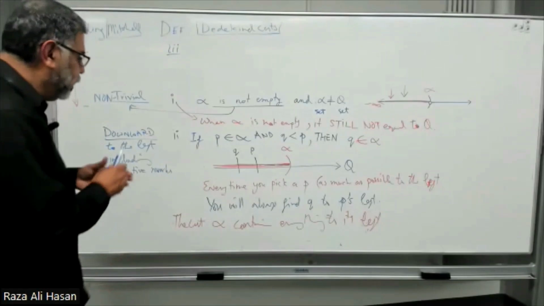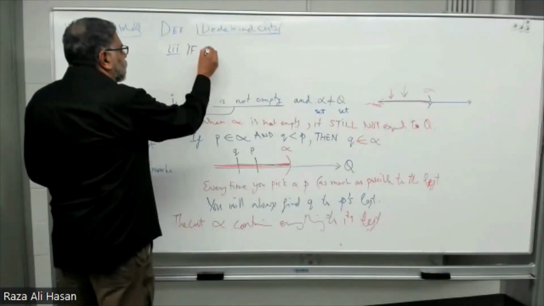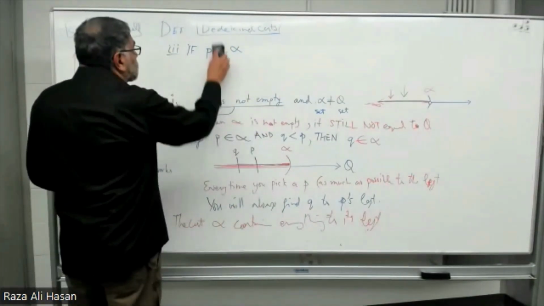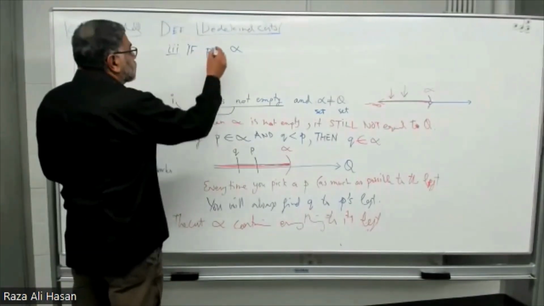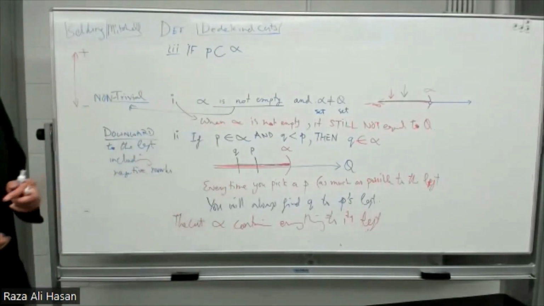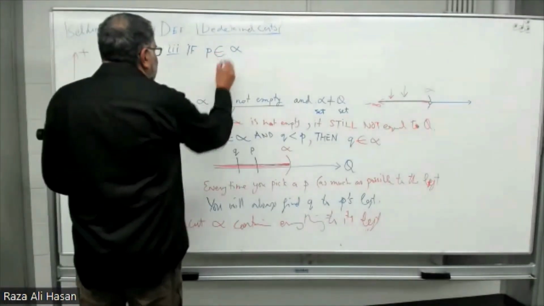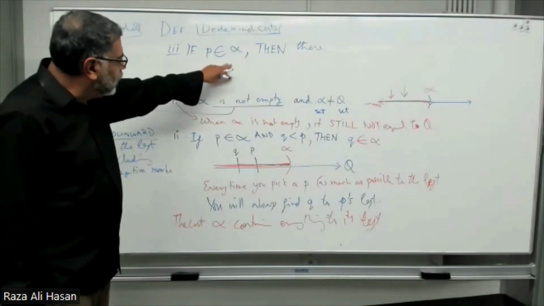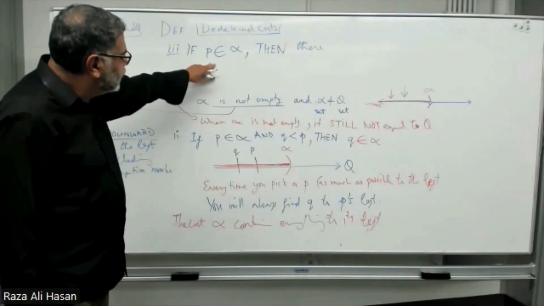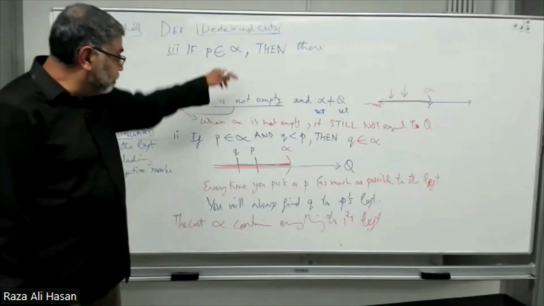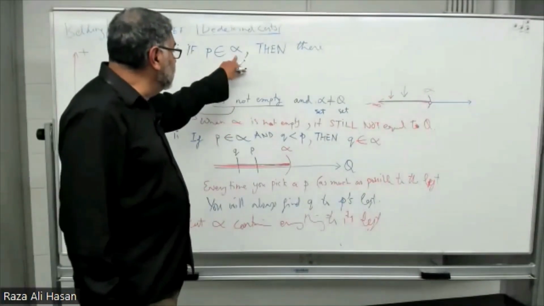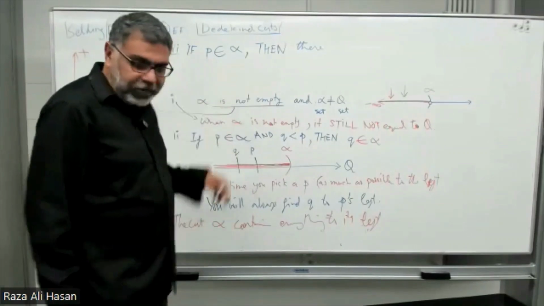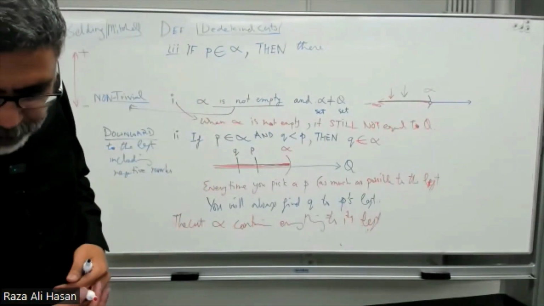says, if P belongs to alpha, sorry, belongs to, I just fixed it. If P is an element in the set alpha, which is the real number. Alpha is a real number that represents a subset, and P is in that. Alpha is represented by a subset in which P is a member.